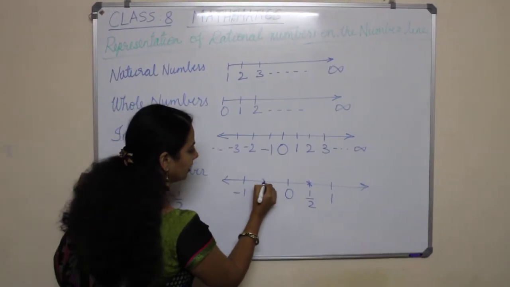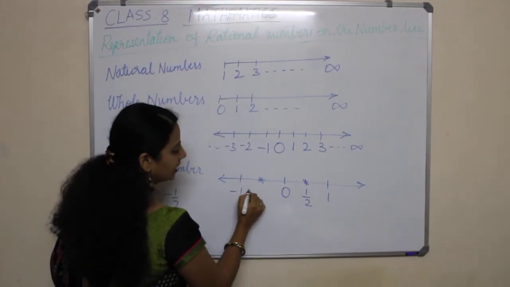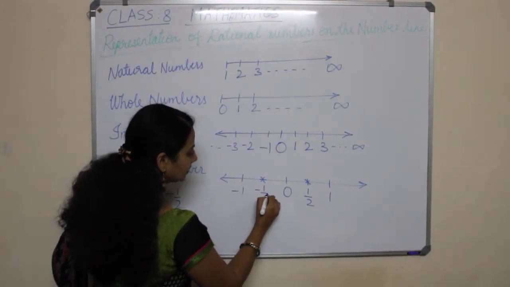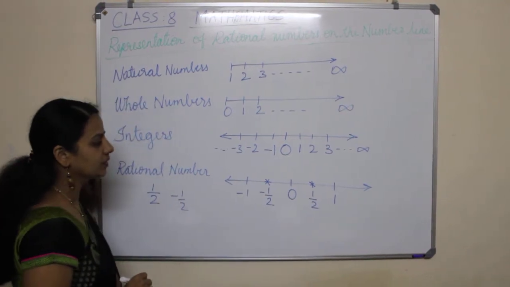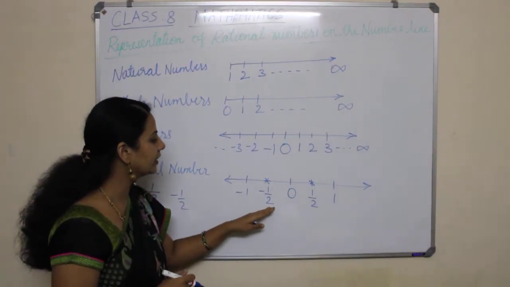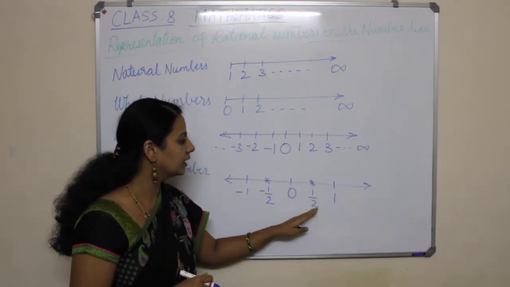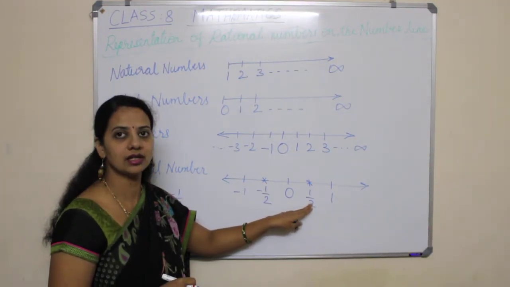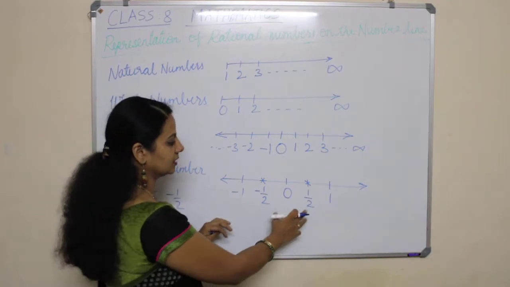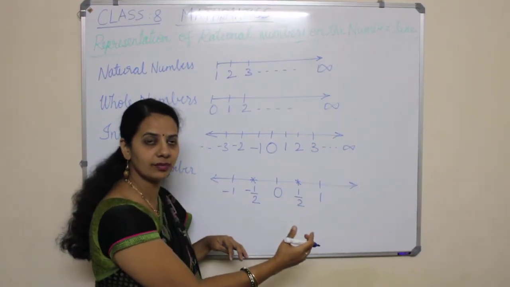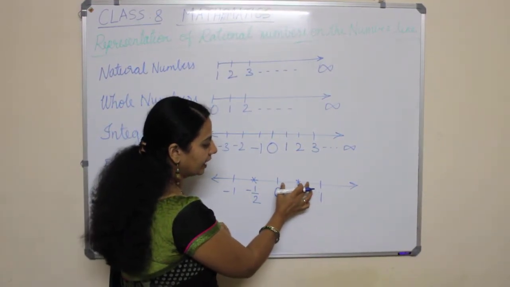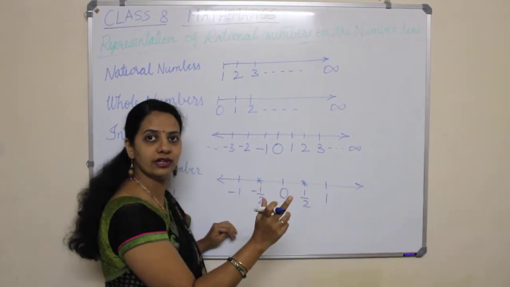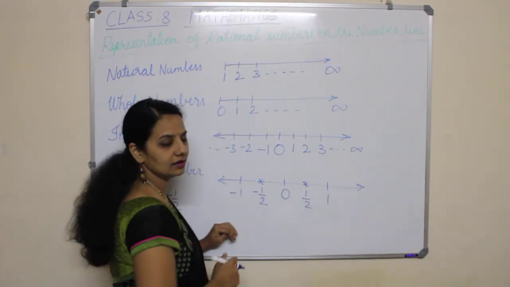Minus half is the midpoint of -1 and 0. So this is -1/2. So basically what are we doing here? We are dividing this part into 2 equal parts, because the denominator is 2. The denominator represents the total number of parts. So we are dividing this division into 2 equal parts and representing it on the number line.